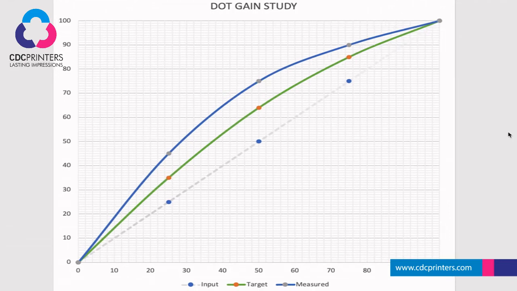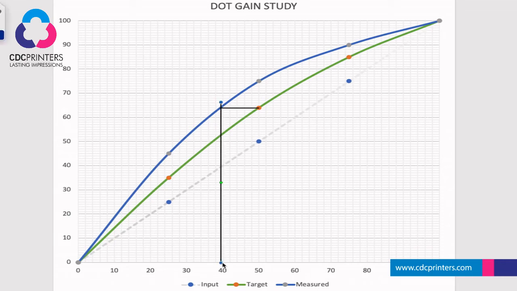So in order to make our printing machine print a 50% dot as 64 instead of 75, what we really need to do is find out at what percentage does our printing machine produce 64. So we can draw a horizontal line from this here, and we can draw a vertical line down.